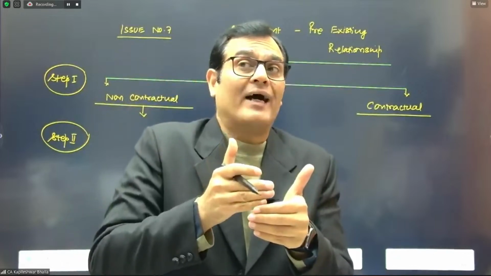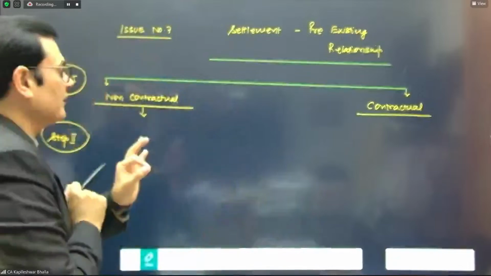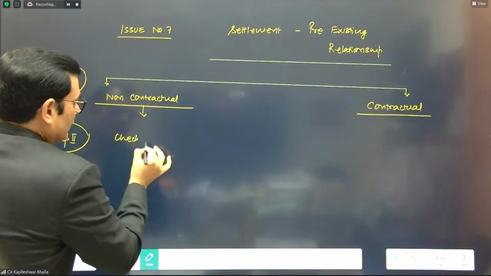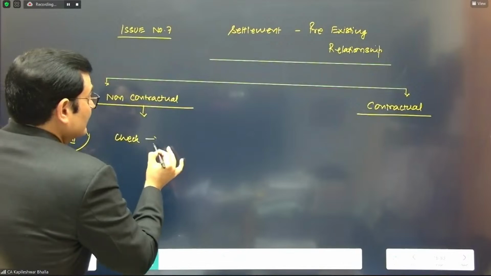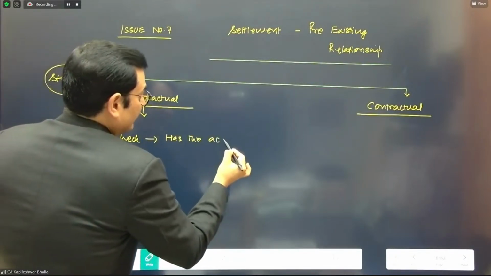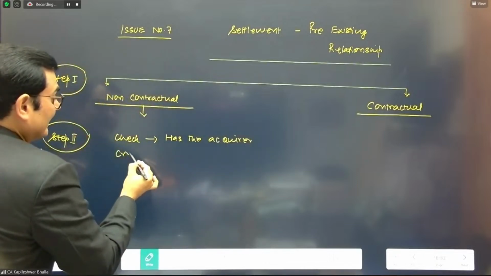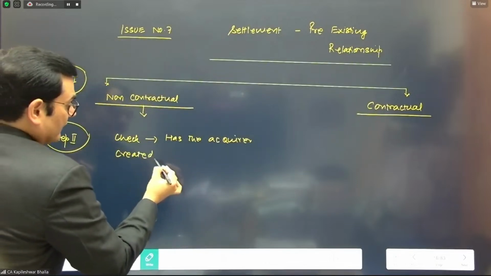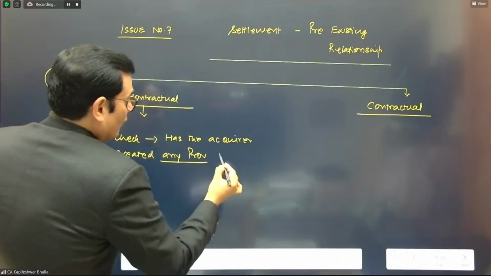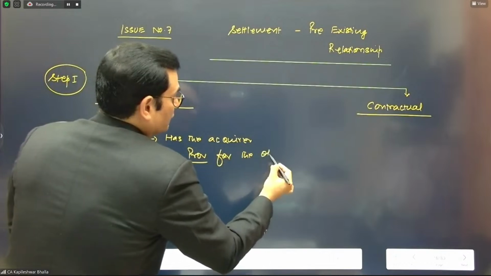So let's say the acquiree had filed a court case against the acquirer. So what do you need to do in this particular case? You need to check whether the acquirer has created any provision for the obligation.